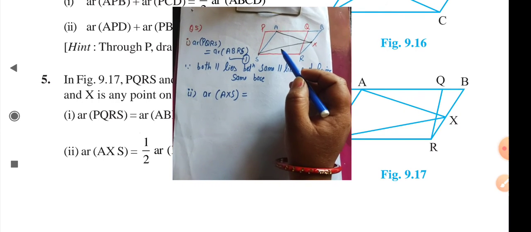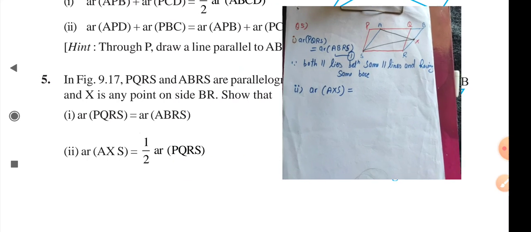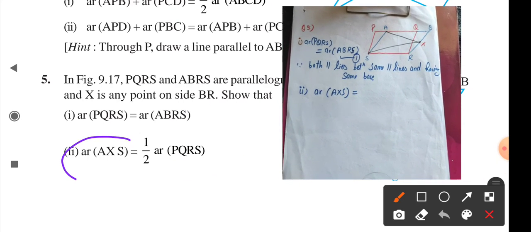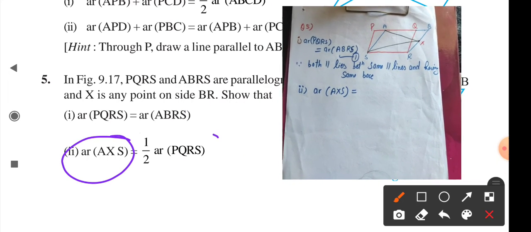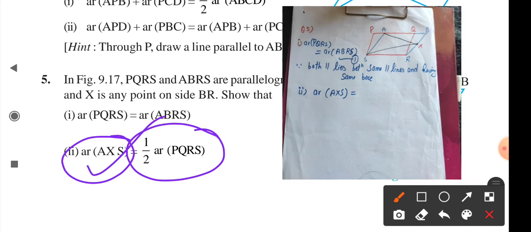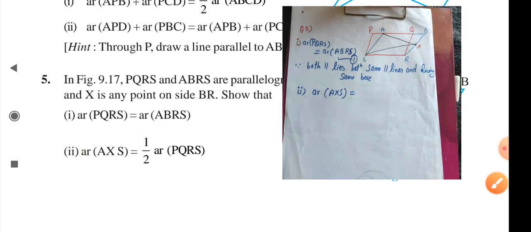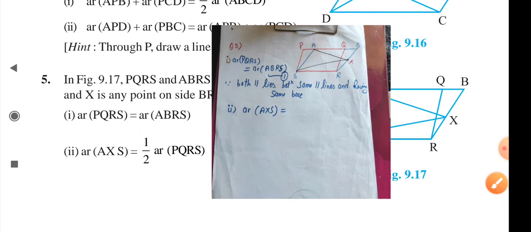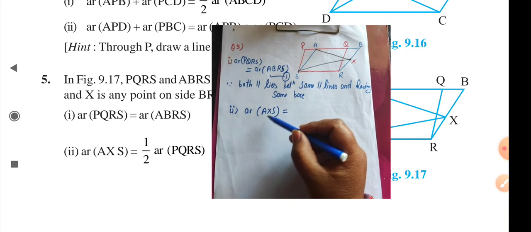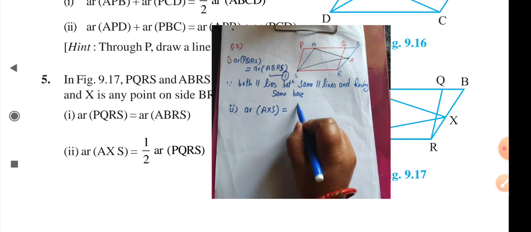Now moving to the second part, you can see that the area of AXS is equal to half of area of PQRS. That means we have to find out the area of AXS first. So for that, you can see by the figure that the area of AXS will be half of area of ABRS.